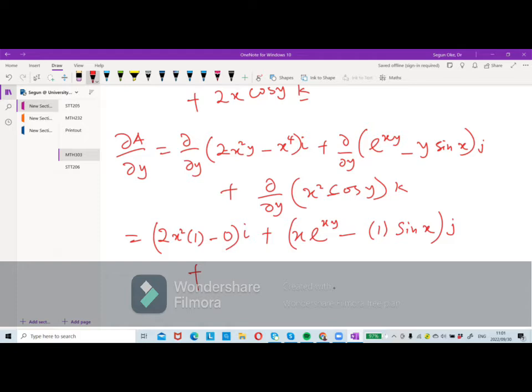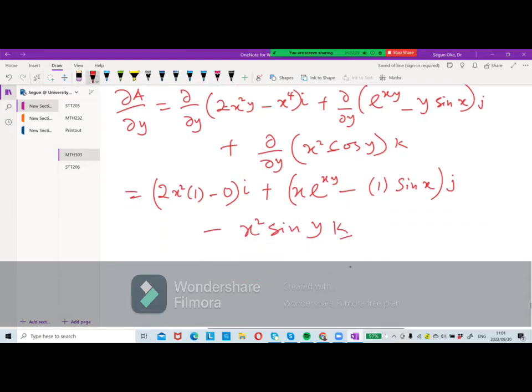Plus, now let's differentiate this one. When you differentiate cos y with respect to y, what do you have? You turn to minus x squared sine y, you put the k.